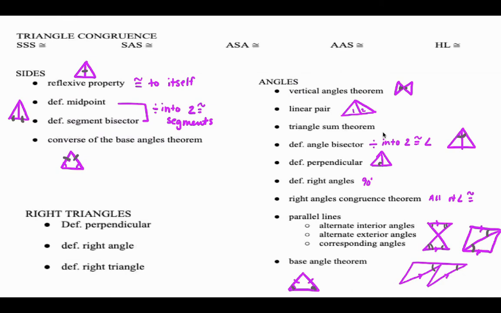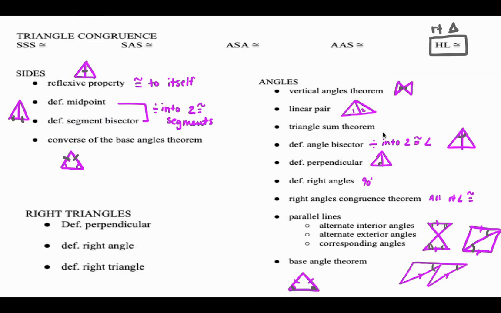There are certain things that will not be automatically marked for you in a set of diagrams. So we have our 5 ways to prove triangles are congruent. We need to get sides and angles, or in the case of hypotenuse leg, remember that this one requires that we have a right triangle. So we have to get a right triangle to use that one.